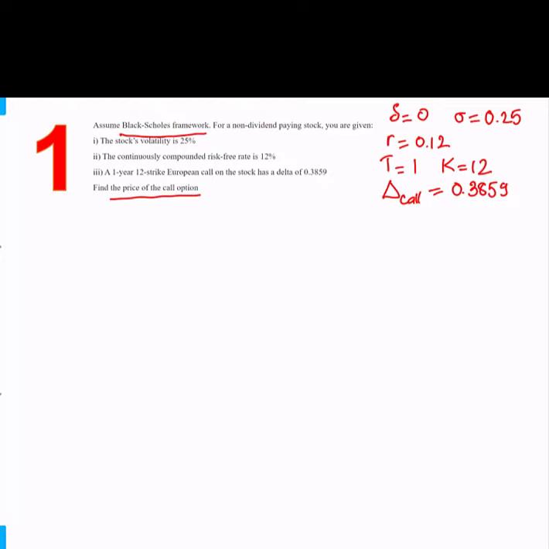In order to find the price of the call option, we need to write out the formula. Remember that the call price is equal to the current stock price S0, e to the minus delta T, Phi of d1.